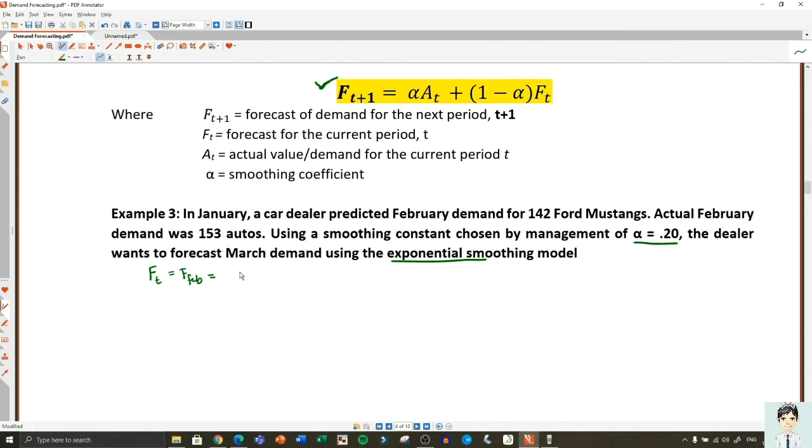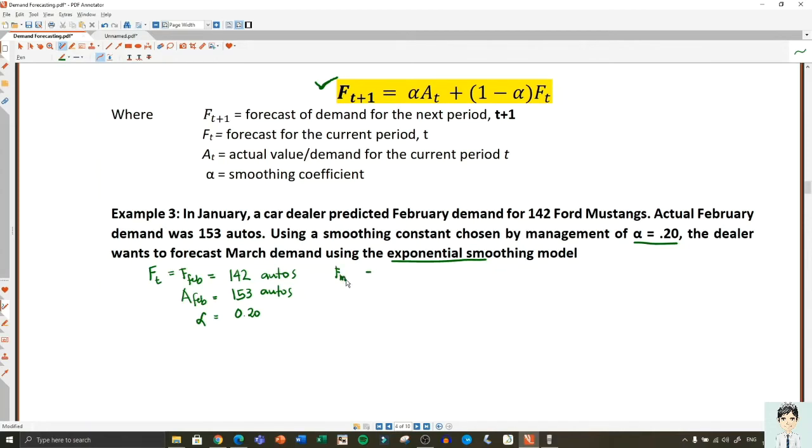Forecast 142 autos, diba? And then the actual demand for the month of February is equal to 153 autos. So we have a smoothing constant of 0.20.